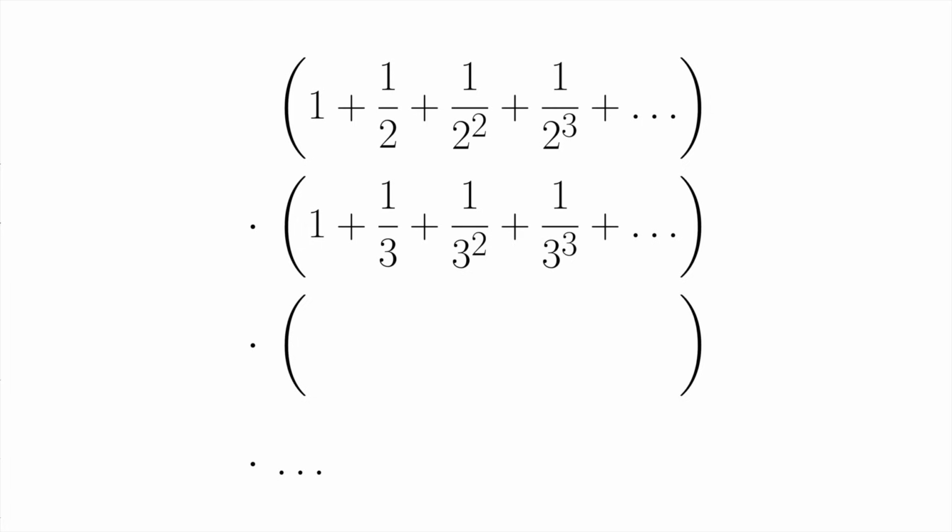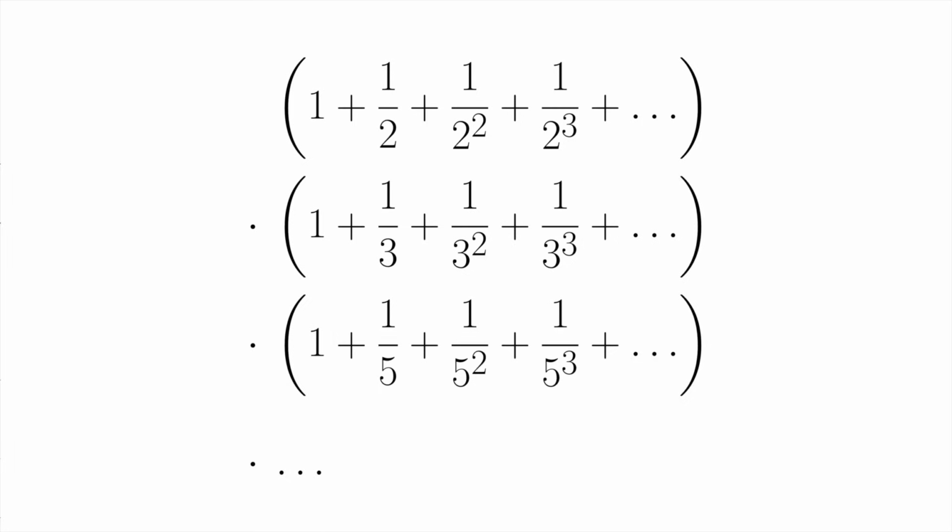4 is not prime, so we're going to just skip that entirely. And 5 is, so we'll multiply by 1 plus a fifth plus a 25th plus ... And so on, we're going to include one of these infinite series for every prime. If you multiply out all of these infinite sums, then what you'll get in the denominators is every possible combination of prime powers.